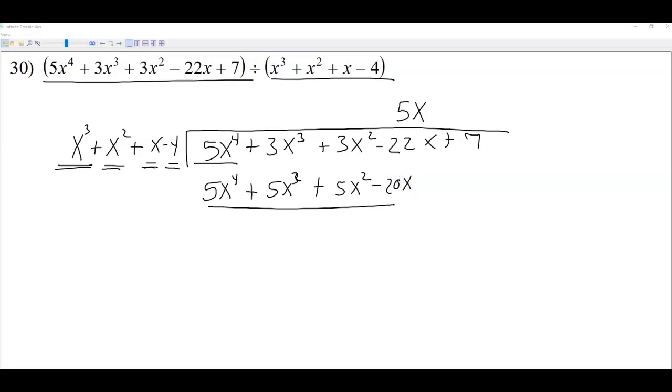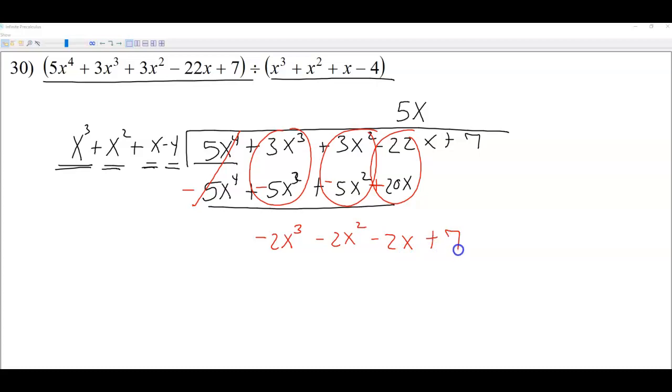And then we go through and subtract all these, or change their signs, in other words. And then we add down. So these cancel. These combine to make negative 2x cubed. These combine to make another negative 2x squared. And these combine to make another negative 2x, and then we bring down the 7.